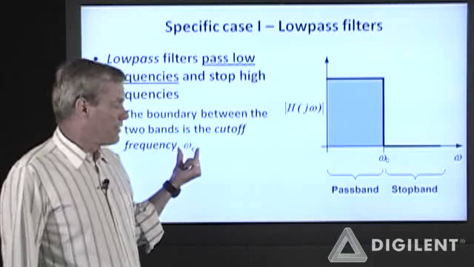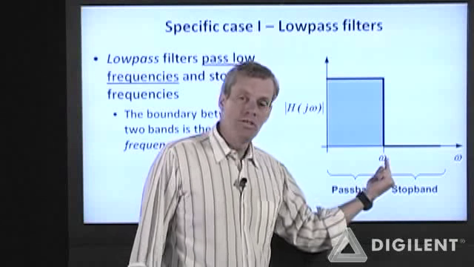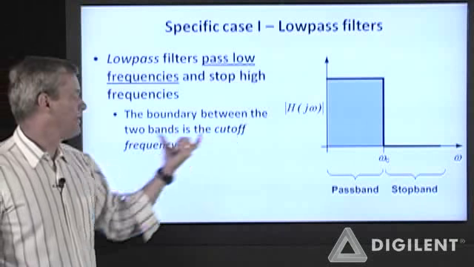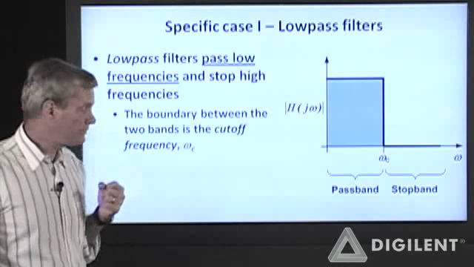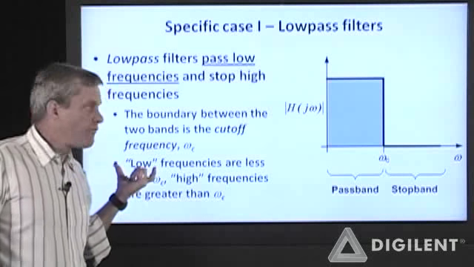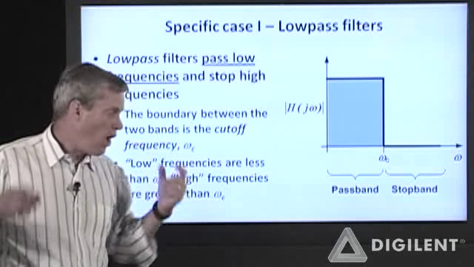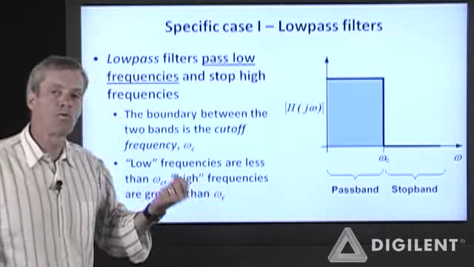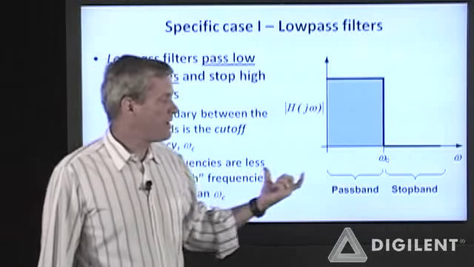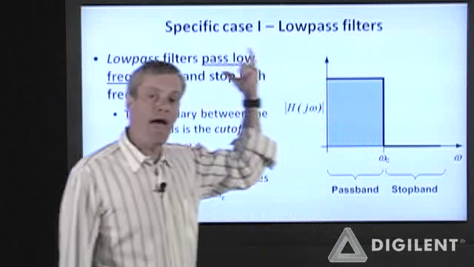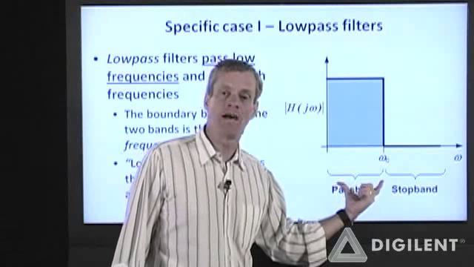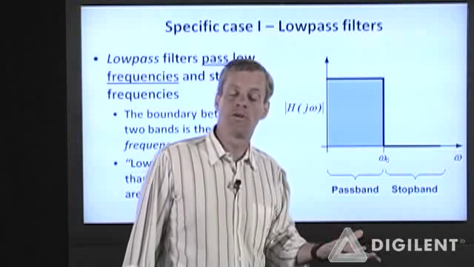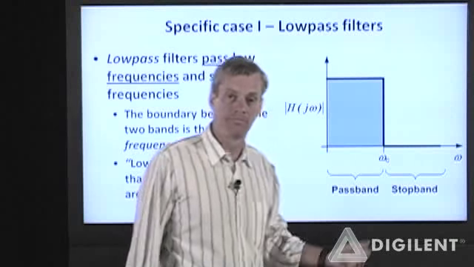Now, the frequency omega c denotes the boundary between the pass band and the stop band. It is typically called the cutoff frequency. So low frequencies are low relative to omega c, high frequencies are greater than omega c. When you specify omega c for a low-pass filter, you've typically specified the pass band and the stop band. Omega c is generally picked to be a frequency that's what you want it to be.